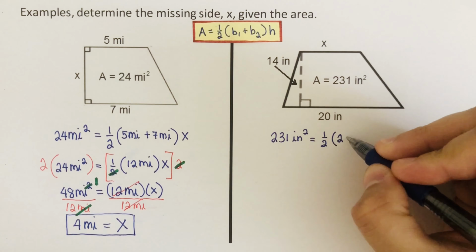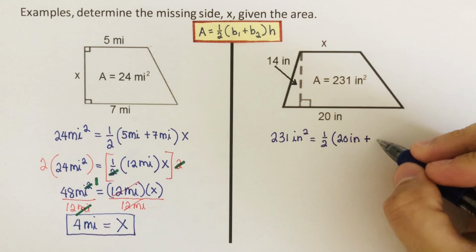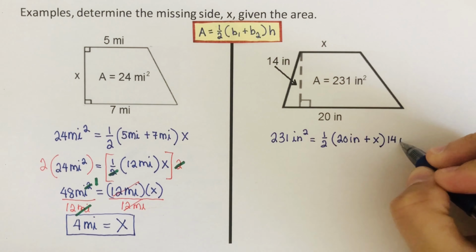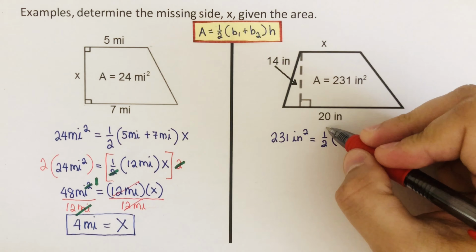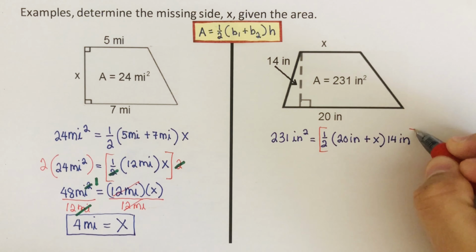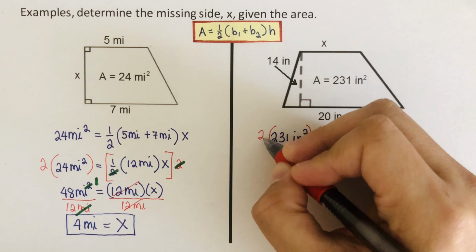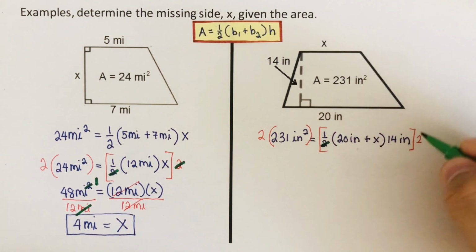So that's 20 inches plus the other base is x, and then the height is 14 inches. So then we can go ahead and get rid of the 1/2 by multiplying both sides by 2. So I multiply one side by 2, I do it on the other side to make them even. So then I can go ahead and cross the 2 out.